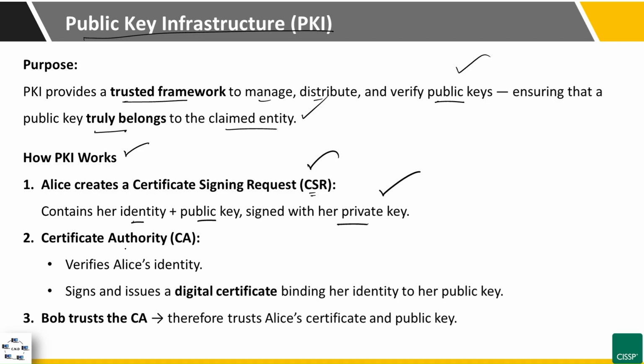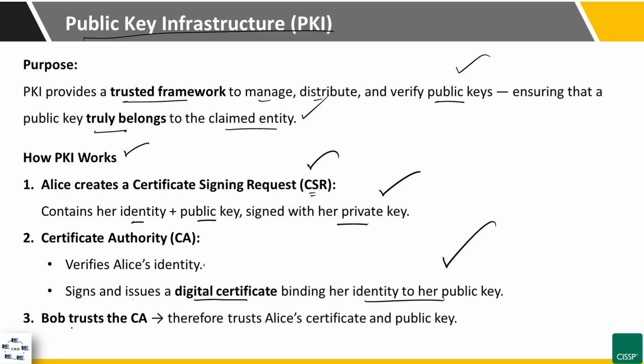In step two, the CA verifies Alice's identity based on her public key, which was signed with her private key. The CA signs and issues a digital certificate binding her identity to her public key.